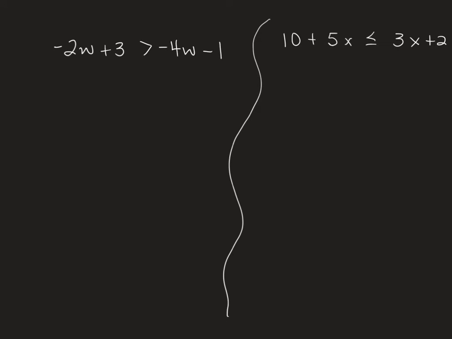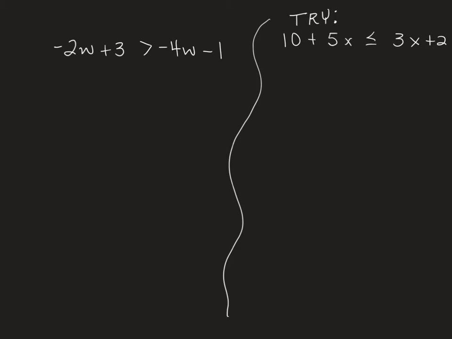All right, so now when we look at these, if you notice, I have a variable on both sides. It reads negative 2w plus 3 is greater than negative 4w minus 1. The problem I have here is my variable's not on one side.